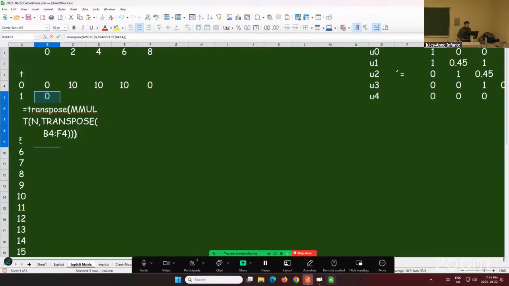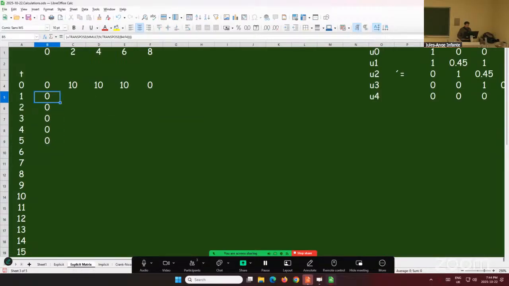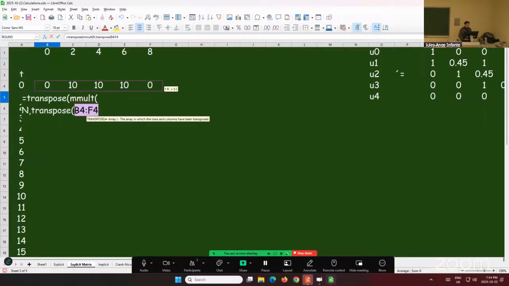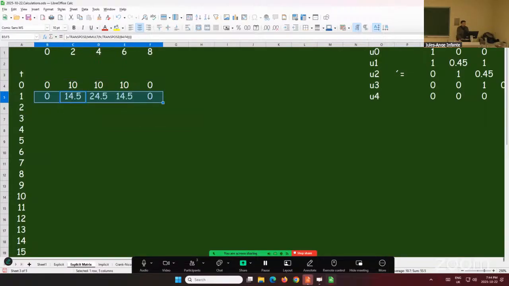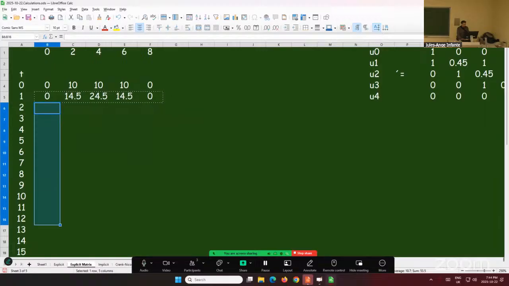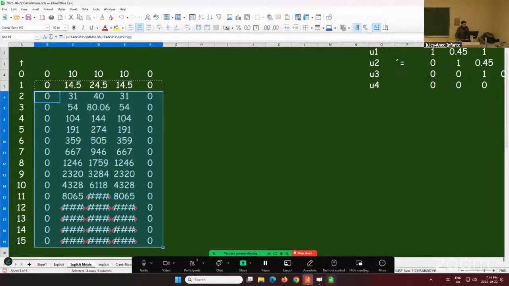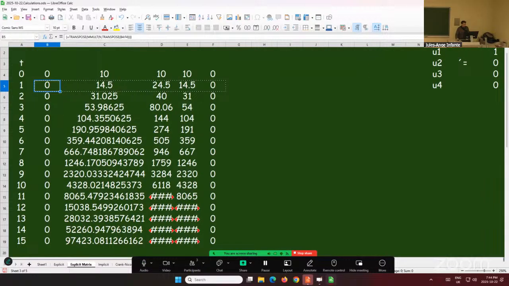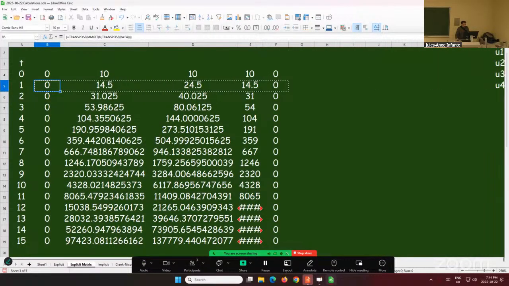Because I want the transpose of the multiplication of N and the transpose of these. Okay. Now, let's copy that. I should get the same values that I did previous one after 15 years.